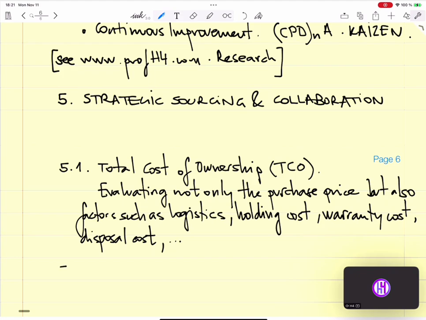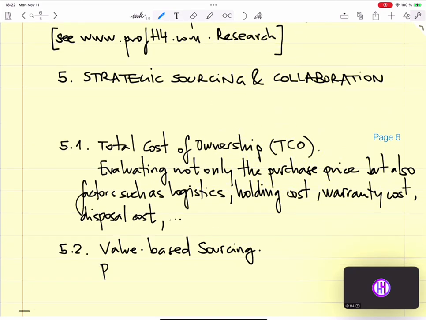The second strategic sourcing and collaboration strategy could be value-based sourcing. So this strategy prioritizes value over cost.